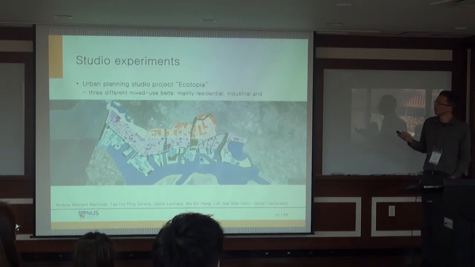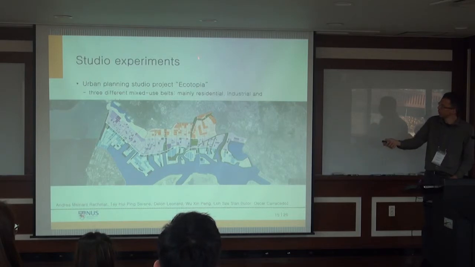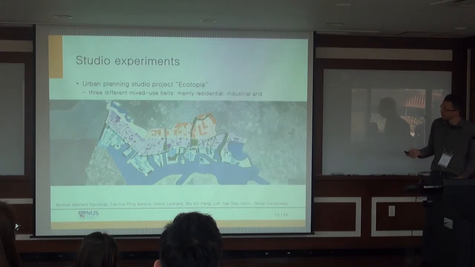One was an urban planning studio, and this is one project called Ecotopia, where there are three different mixed-use belts. The top one is mainly residential, the middle one mainly industrial, and the bottom one is suggested to be mainly commercial.